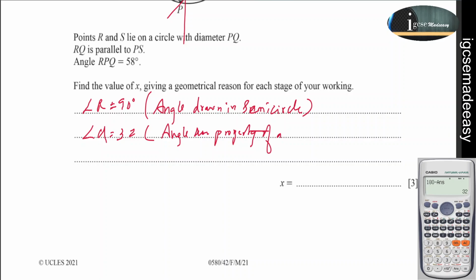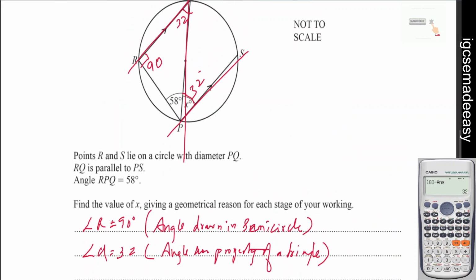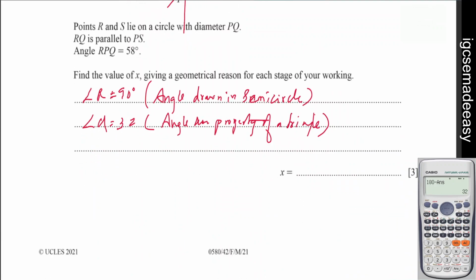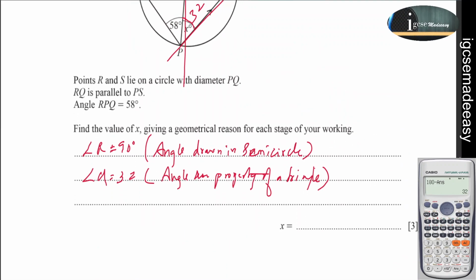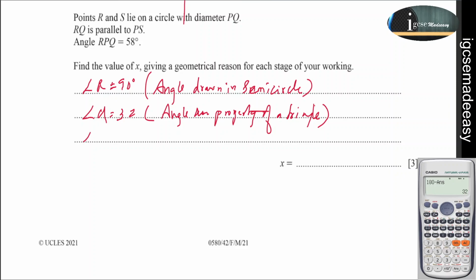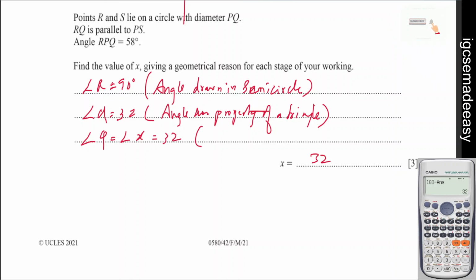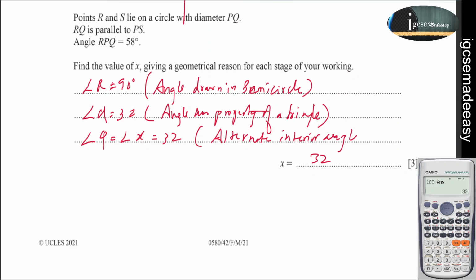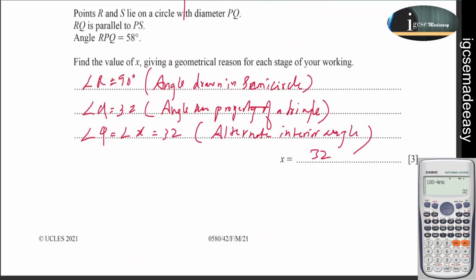Because 90 plus 58, and we subtracted from 180, so angle sum property of a triangle. So angle Q is 32. Therefore angle Q will be equal to angle X, and that is equal to 32. And the reason you have to write is alternate interior angles. Hope you understand this question.